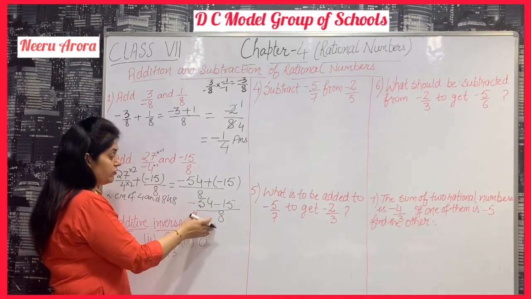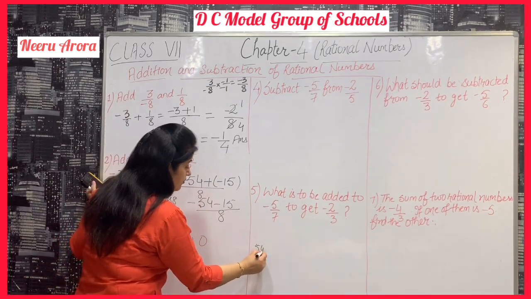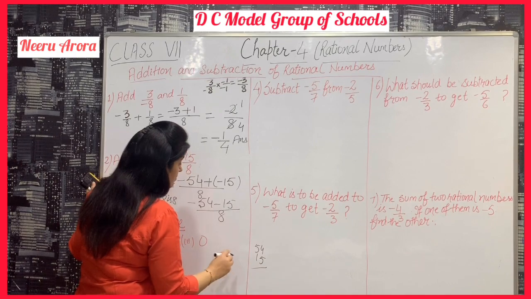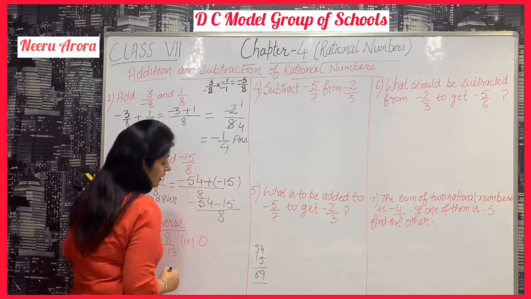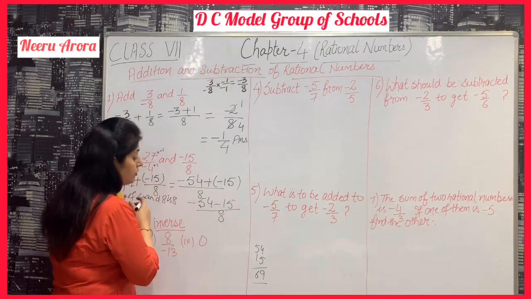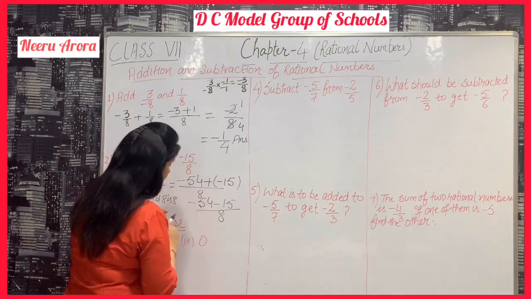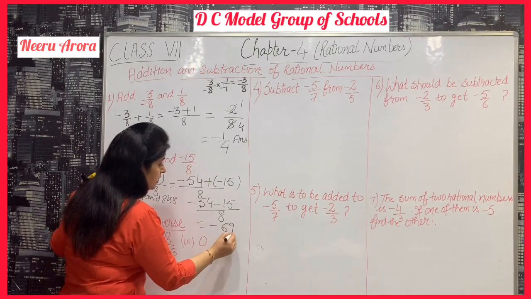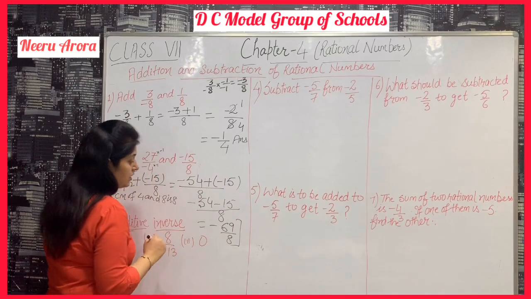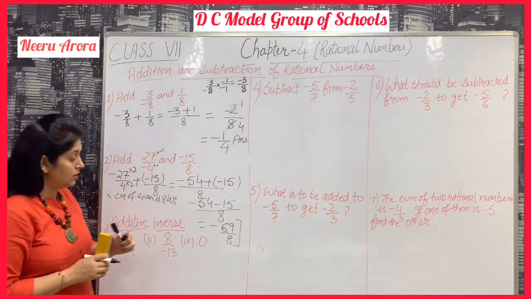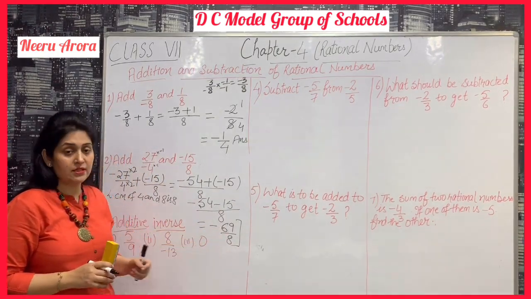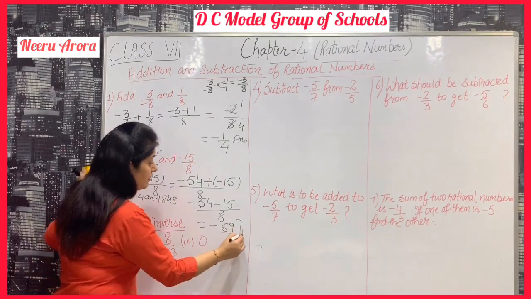So both are minus, we add the numbers. 54 plus 15, we get 69. But the sign of minus comes. So what will be our answer? Minus 69 upon 8. So see, is it in standard form? Yes. Nothing is common between 69 and 8. So this is our answer.